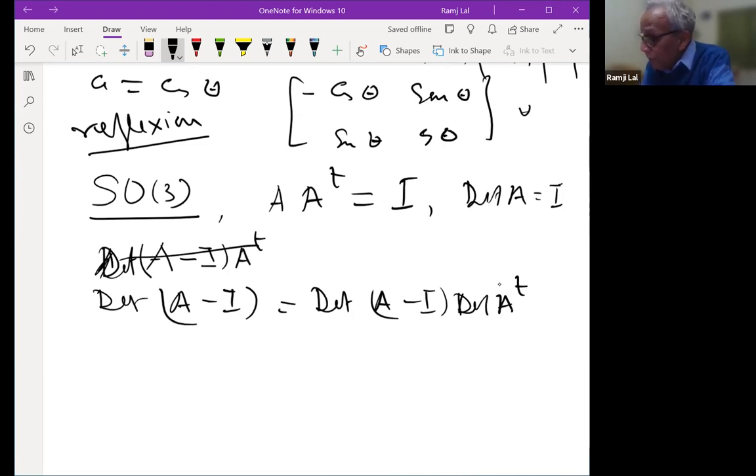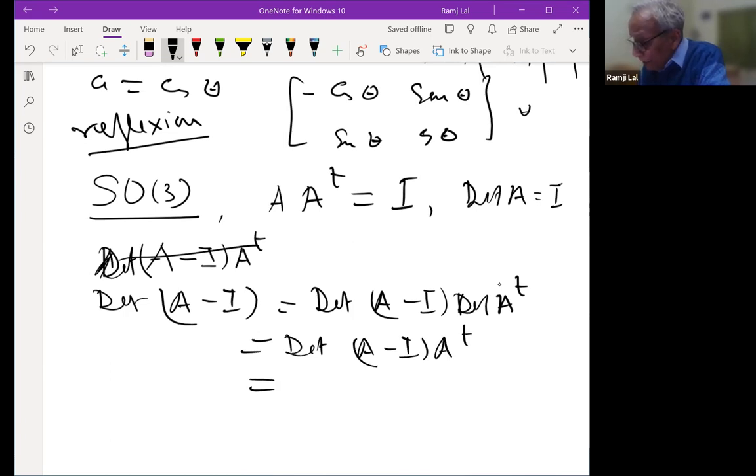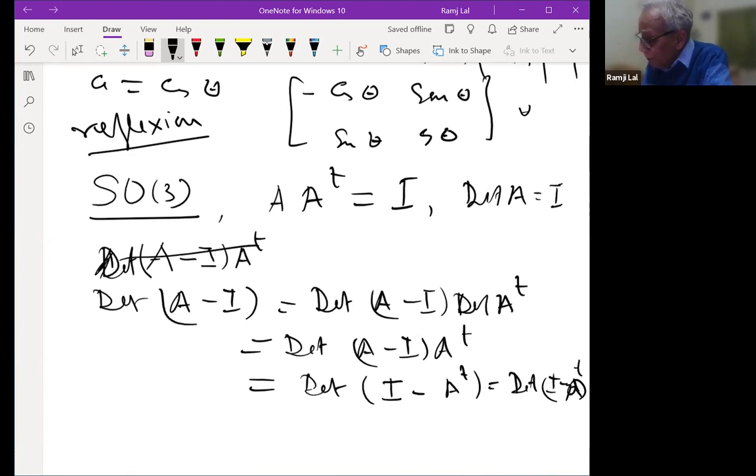So this is the determinant of A minus identity times A transpose, and that is the determinant of A transpose minus identity, which is the determinant of identity minus A, whole transpose. That is the same thing as the determinant of I minus A.